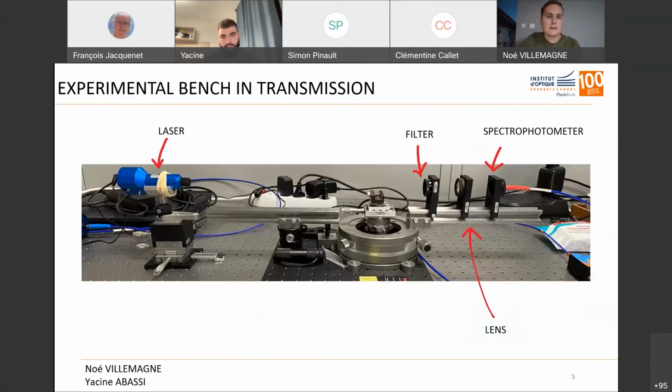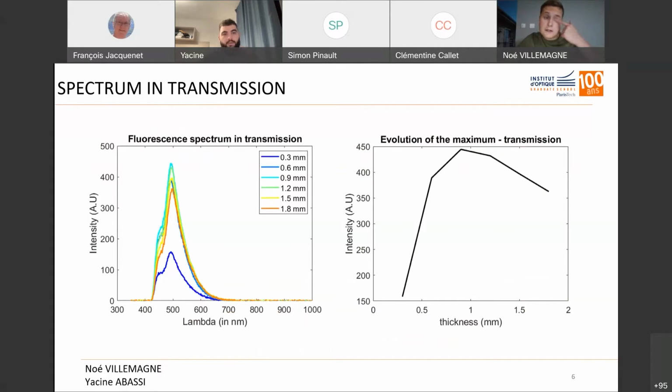In this picture, you can see the configuration of our experimental bench in transmission, with a laser and the support for the sample. You can see the filter and the lens that focuses the transmitted light into the optical fiber into the spectrophotometer. And here are the results of our fluorescence spectrum in transmission.